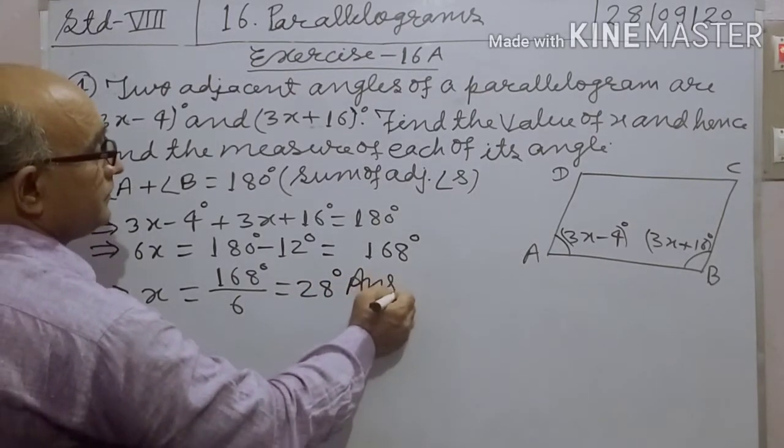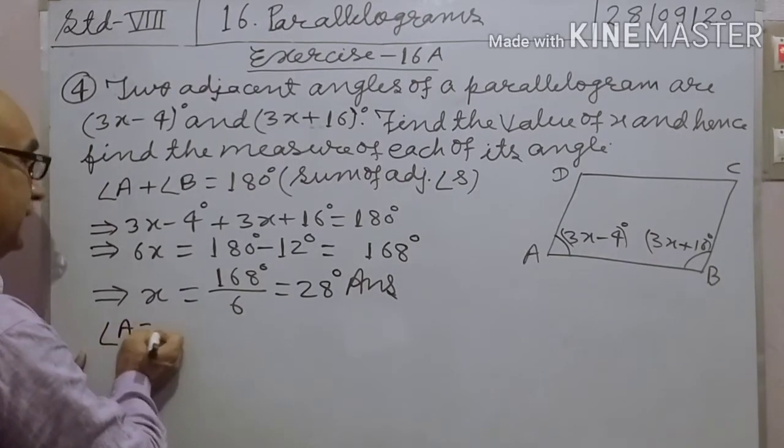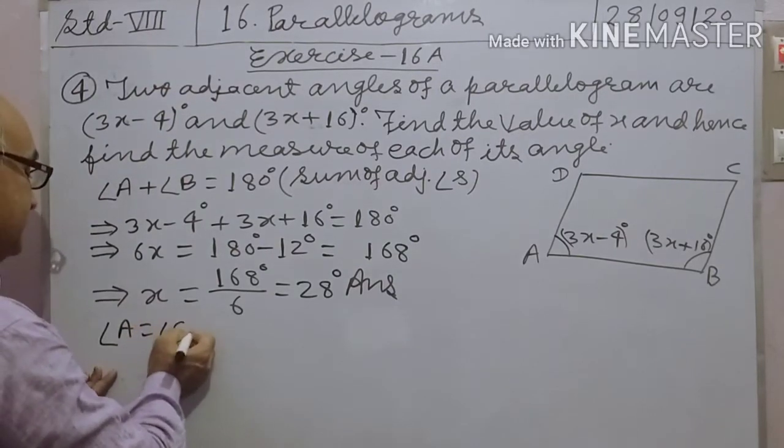Answer. Now find first of all angle A. Angle A equals angle C. Opposite angles are equal.